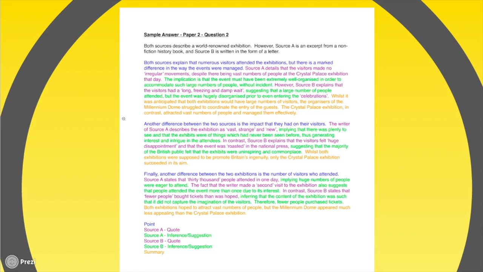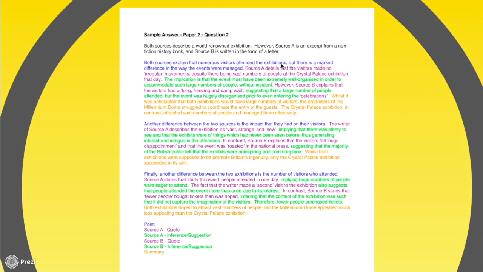So I'm just going to read through the first paragraph with you, just so you can fully understand how that flowchart works. So first of all, I say both sources explain that numerous visitors attended the exhibitions, but there is a marked difference in the way the events were managed. So the difference is the way the events were managed, okay?